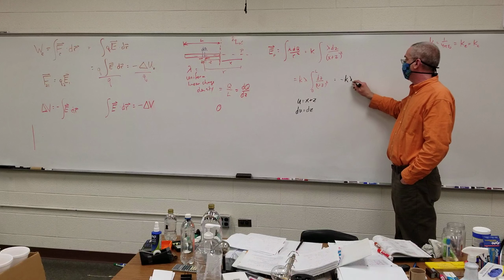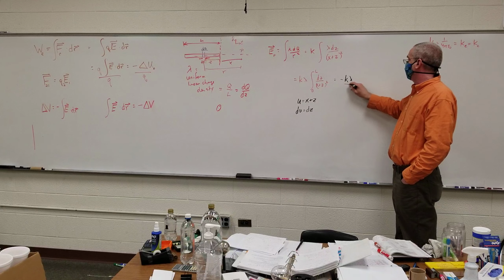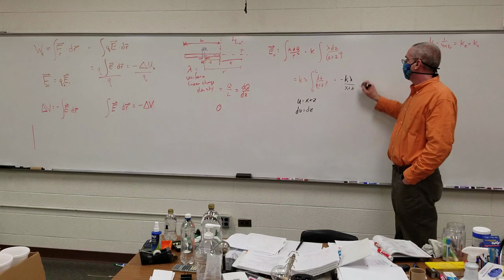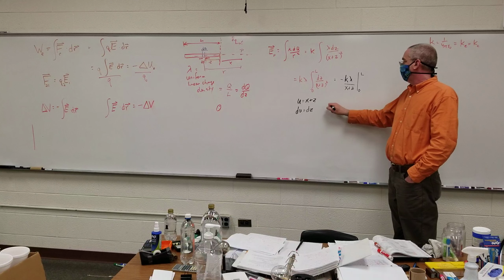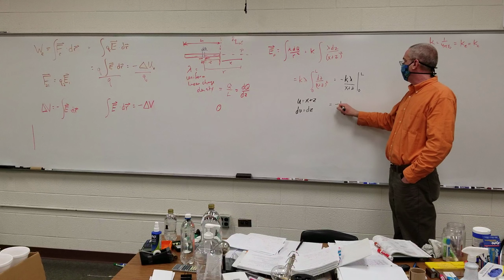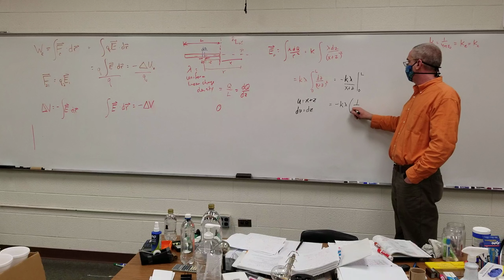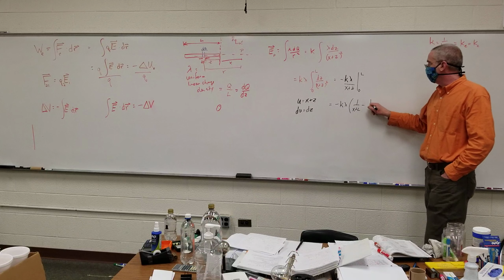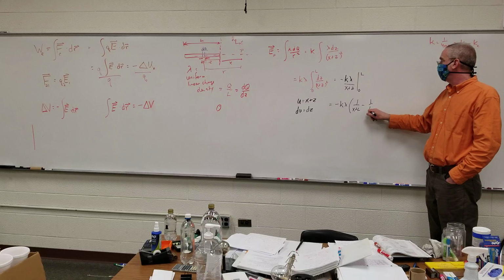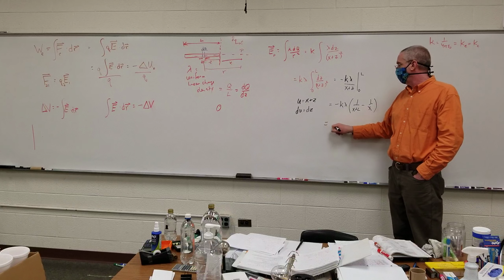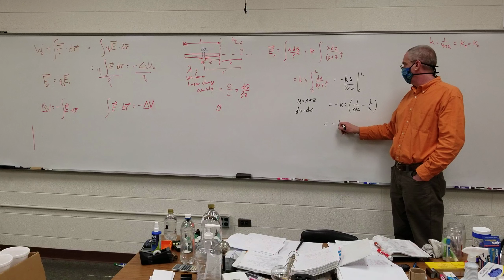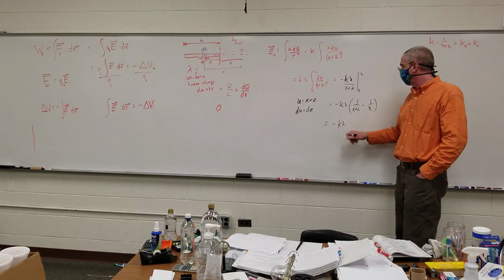So that's k lambda, so the negative 1 over x plus z from 0 to L. And so we get negative k lambda times 1 over x plus L minus 1 over x, which is negative k lambda.